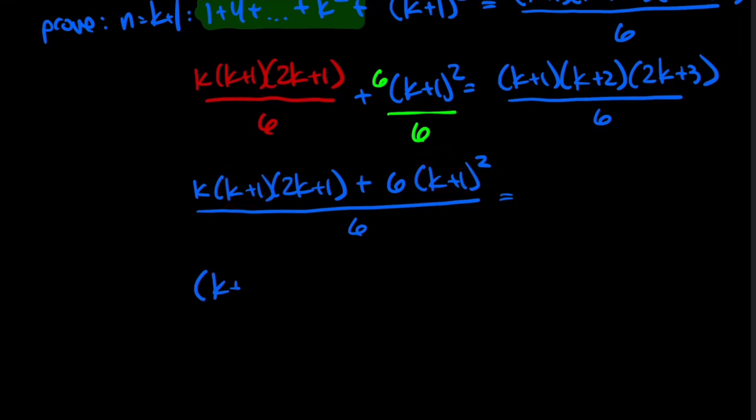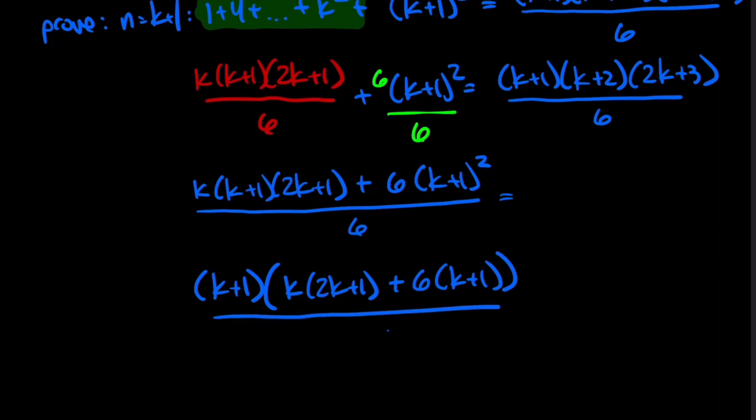All right, so if I take out a k plus 1, I'm going to be left with this expression without that. So it's k times 2k plus 1. Over here, I take out one of these, and it's 6 times k plus 1. So it's plus 6 times k plus 1, all over 6.